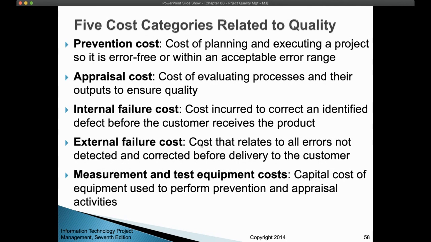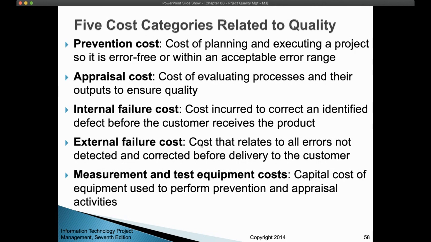Then you have the internal failure cost. If you have a failure that happened before you deliver the product to the customer, then this is called internal failure cost. I am producing a car and I detected that the braking system is not working properly.